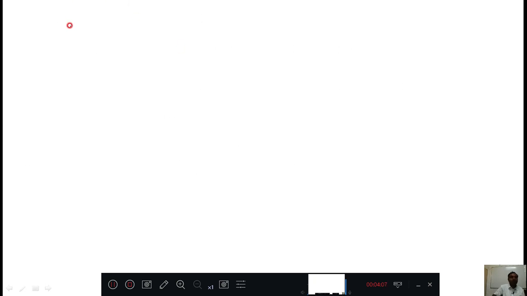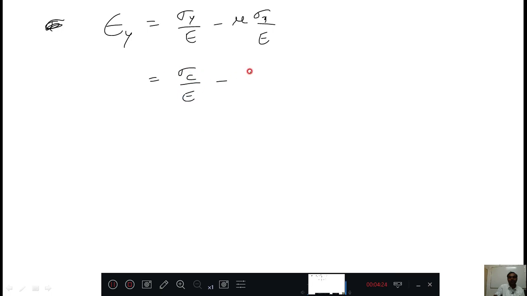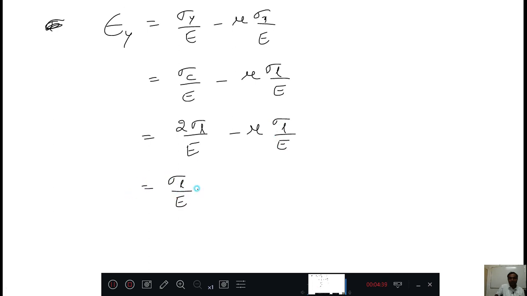Next, the expression in the y direction: epsilon y is sigma y divided by E minus mu times sigma x divided by E. I consider sigma y as sigma C, so it is sigma C divided by E minus mu times sigma L divided by E. Sigma C I know is 2 times sigma L, so it is 2 times sigma L divided by E minus mu times sigma L by E. If I take sigma L by E common, then 2 minus mu is the answer.